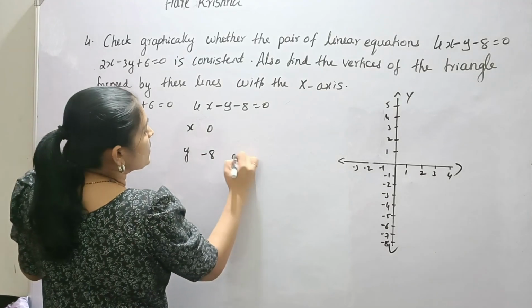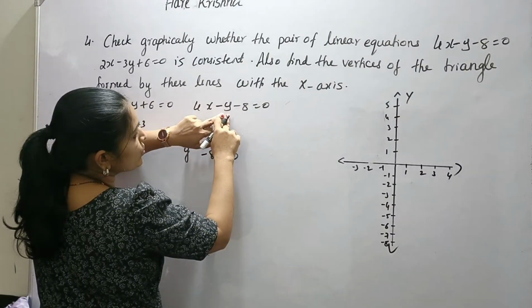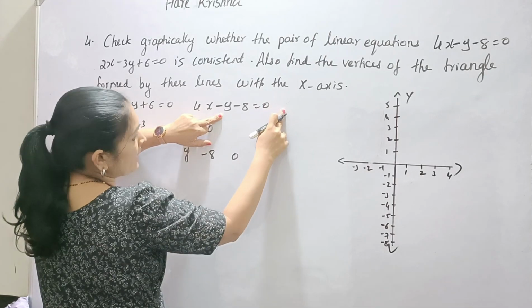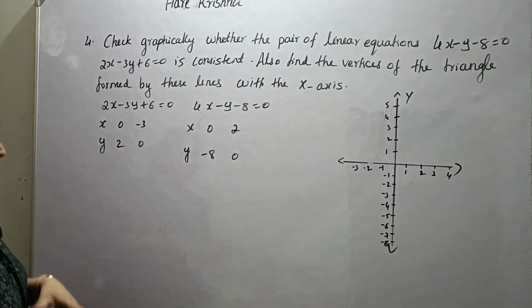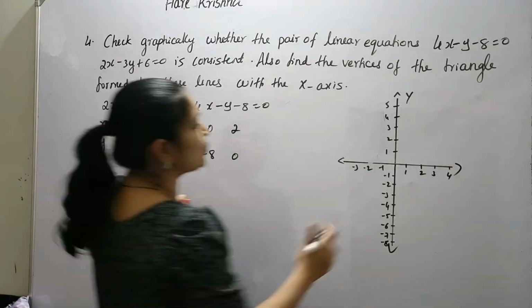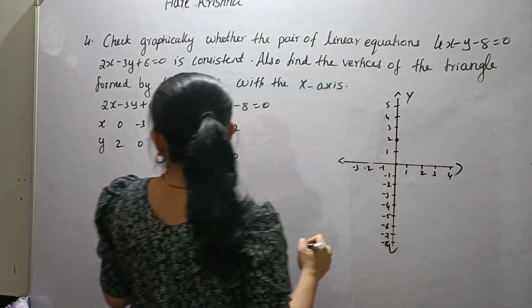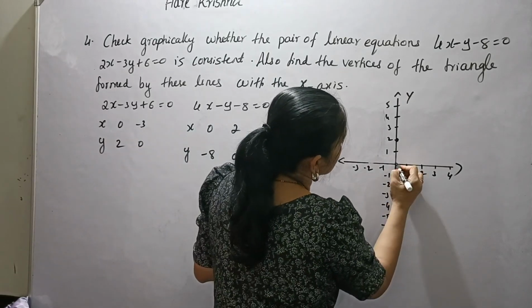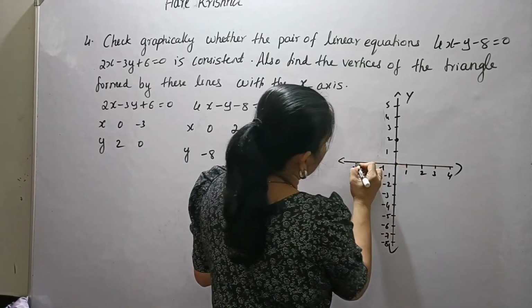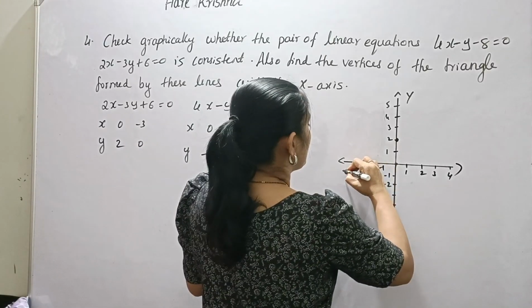When y is equal to 0, substitute y is equal to 0, 4x is equal to 8, so x is equal to 2. Now let's plot the points. 0, 2 is the point, and minus 3, 0. That is x is equal to minus 3, y is equal to 0.